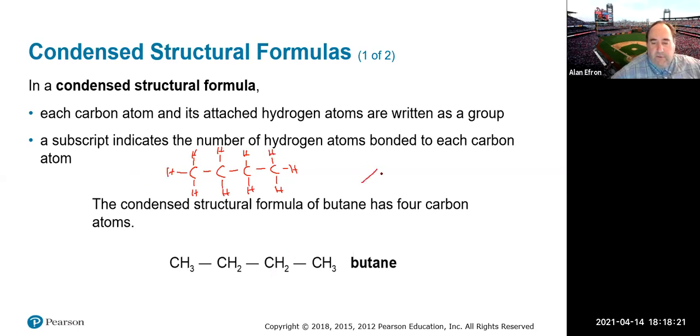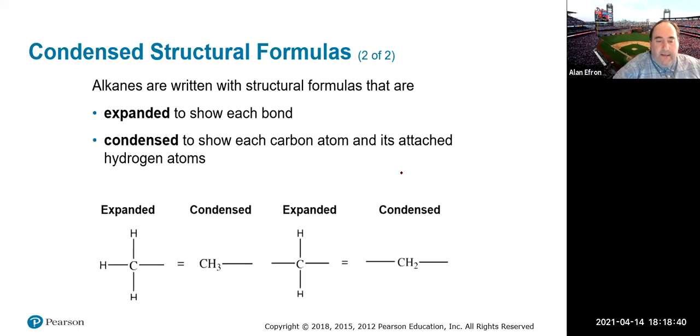And as I drew just a second ago, 1, 2, 3, 4 carbons, again, counting each of these spots, 1, 2, 3, and 4, again, would be the line structure. Normally, we don't put the little circles around it, but that would be obviously our line structure. Now, again, the expanded is really no more than just drawing out all the hydrogens.